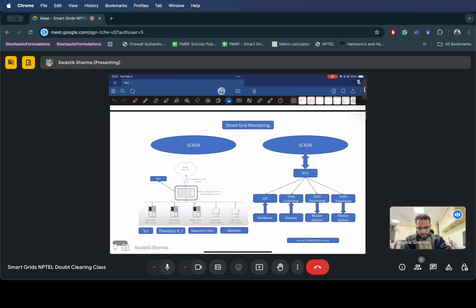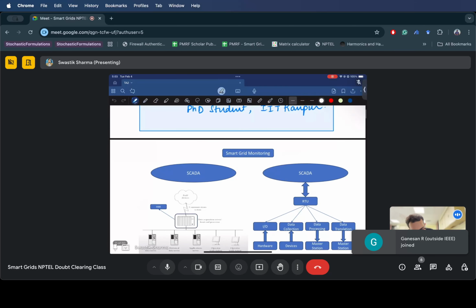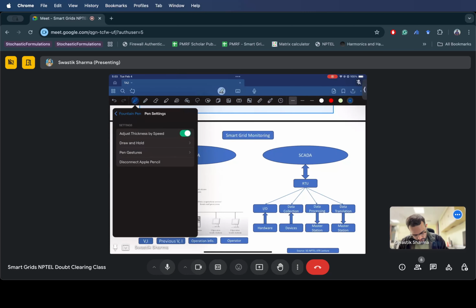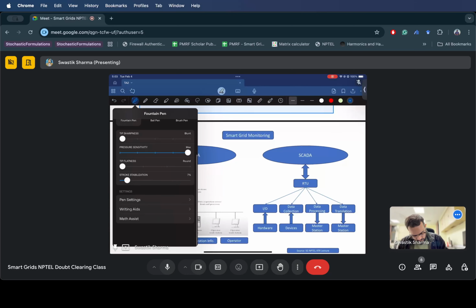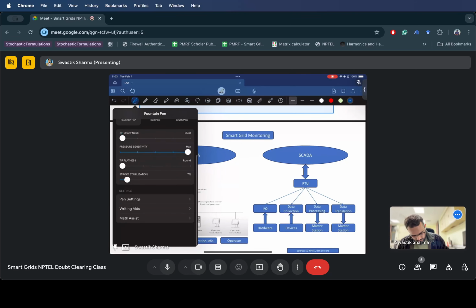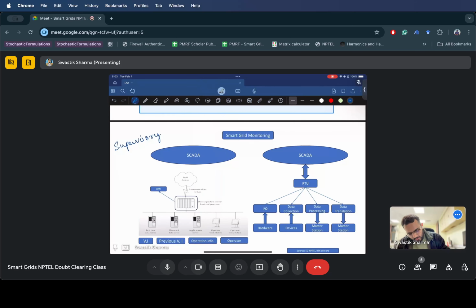Over there, the most you'll see is SCADA. SCADA stands for supervisory control and data acquisition.